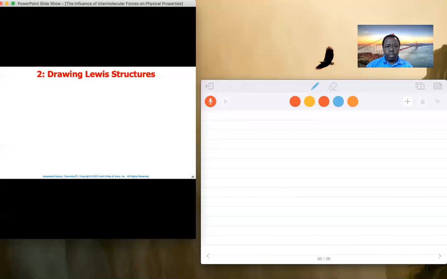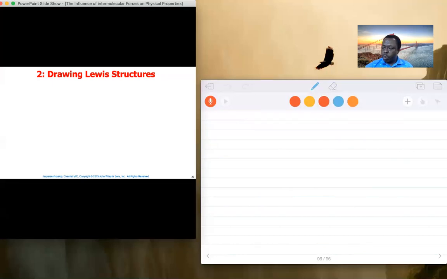Lewis is an American chemist who proposed that when elements react, they use their valence electrons. And you know, from the periodic table, you can predict the number of valence electrons for main group elements. So how do we draw the Lewis structure for molecules?